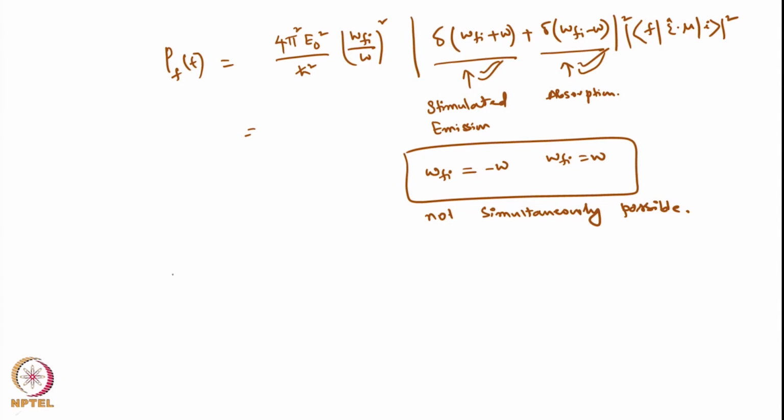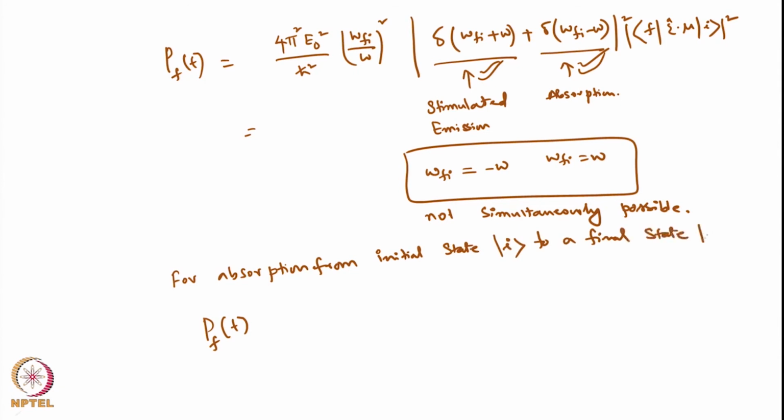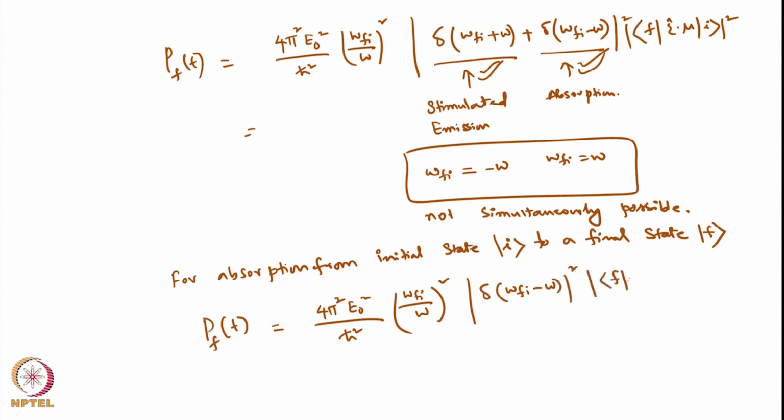So, for absorption from an initial state I to a final state F, the probability of this transition is equal to 4π²ε₀²/ħ² (ω_Fi/ω)² δ(ω_Fi − ω)² |∫ψ_f ε·μ ψ_i|².